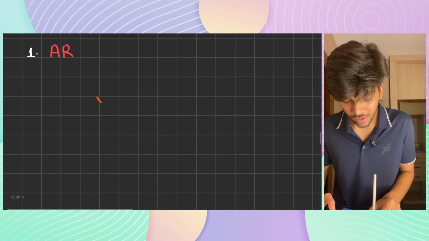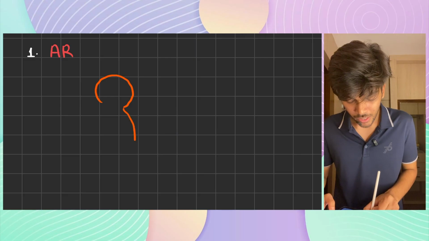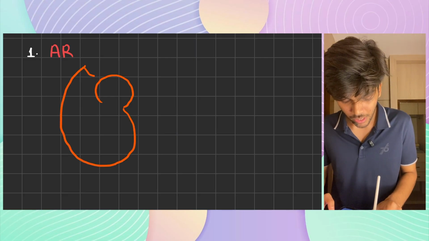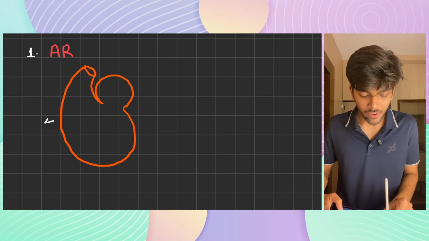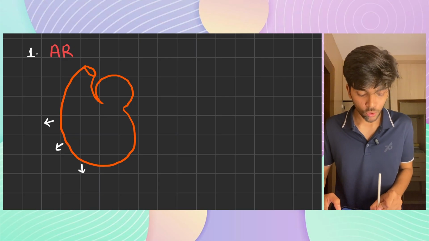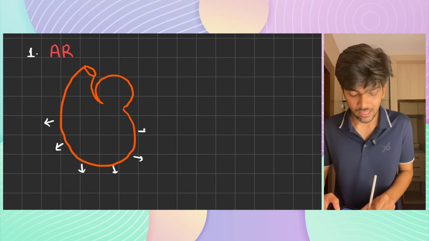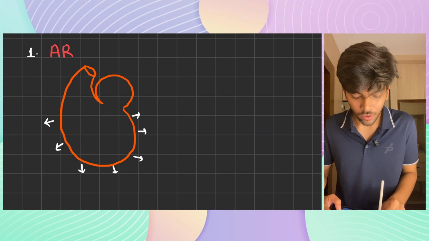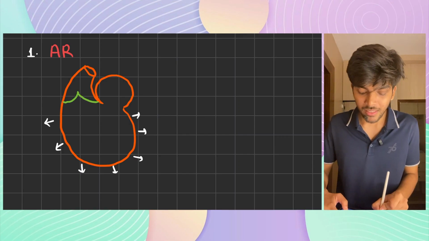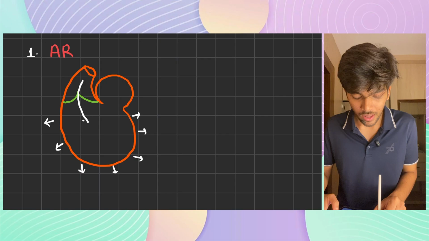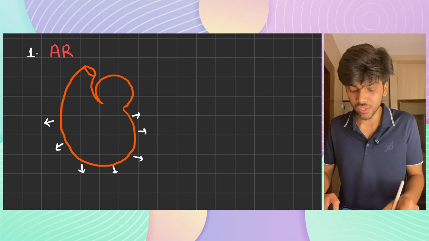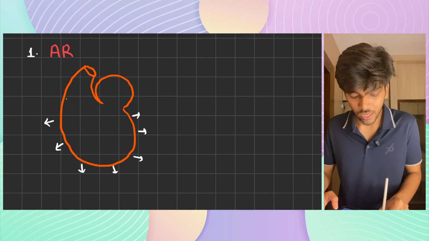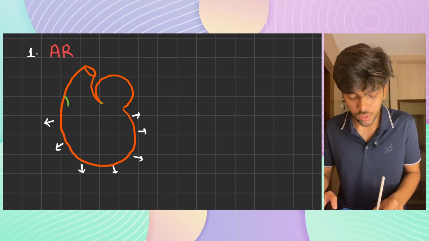In aortic regurgitation, here's your left atrium, here's your left ventricle, and here's your aorta. See, when the left ventricle relaxes or goes through ventricular diastole, the aortic valve closes to prevent the backflow of blood from aorta into the ventricle. But in aortic regurgitation, due to pathology in the aortic valve, it is unable to close properly.